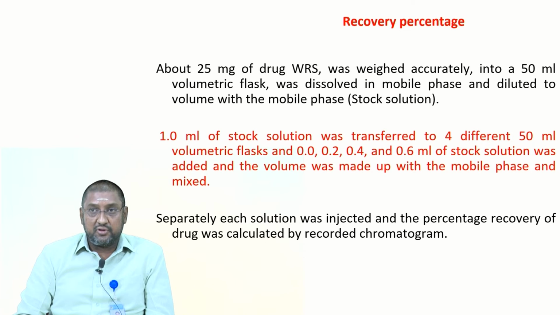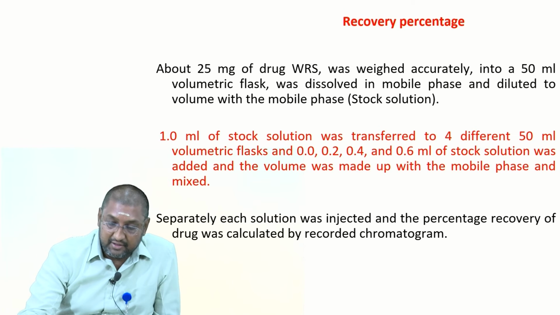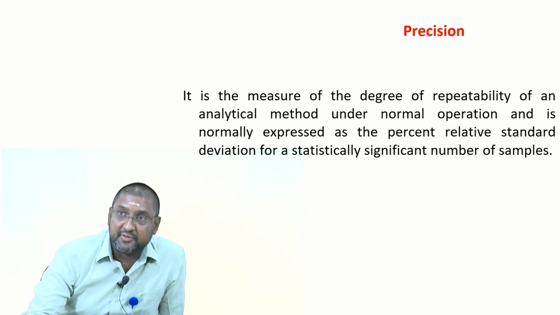From the stock solution, you take 1 ml and spike the concentration in 4 different volumetric flasks. One is labeled 0.0, that is the first one. The second one is 0.2, meaning from the 1 ml stock solution, you take 0.2 ml of standard and make up the volume. Like that, you slowly spike the concentration, inject, and after getting the chromatogram, you calculate the recovery percentage.